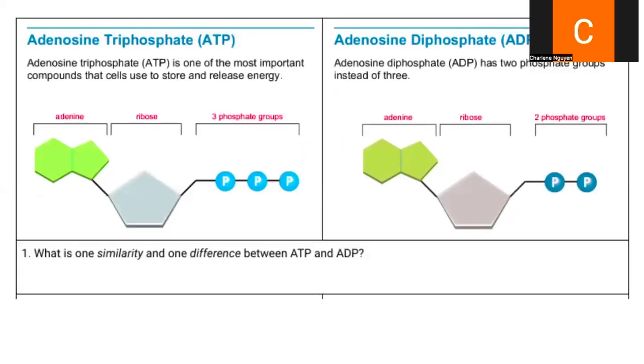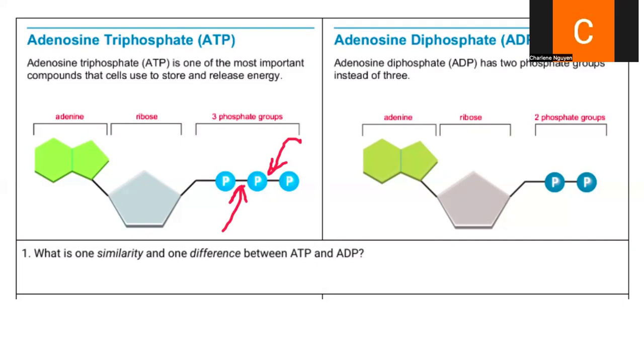Moving on. You can see that ATP has three phosphate groups, whereas ADP has only two. Once one phosphate group is broken, that's when it becomes ADP. So what happens when a phosphate group is broken? Energy is released. The bond that typically would hold these phosphate groups together, if one of them is broken, you end up with one phosphate being released, and in that case, it's a release of a lot of energy.